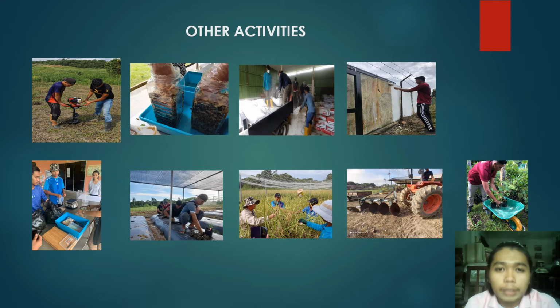For the other activities, this is example of activities that we learn at Kabuloh Research Center, such as making a hole, making a mall, learning about a new fertilizer, and having a gotong royong.